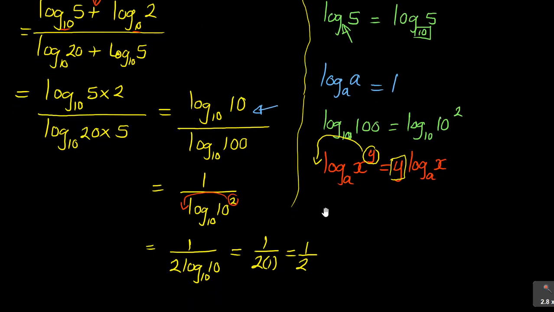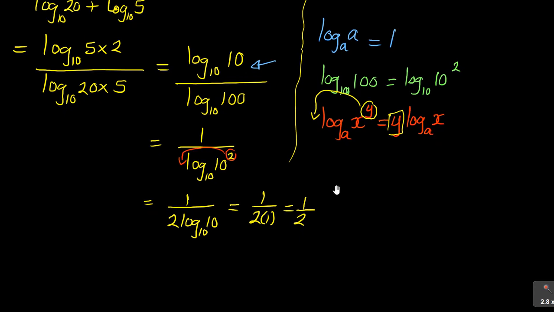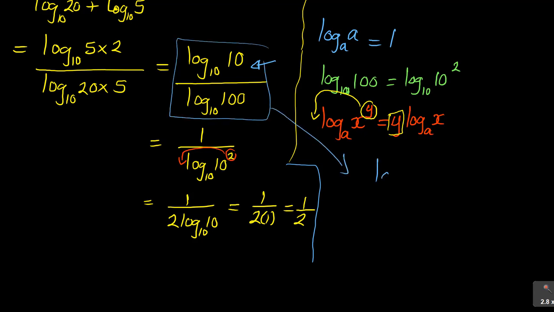Now I will also want to emphasize that there were many different ways you could have approached this. It is also possible for you to have chosen another direction, especially from this stage, whereby you could have said here, I don't want to simplify using this law, and you leave it like this, log base 10 of 10 over, and then you take this one here, which is 2 log base 10 of 10.